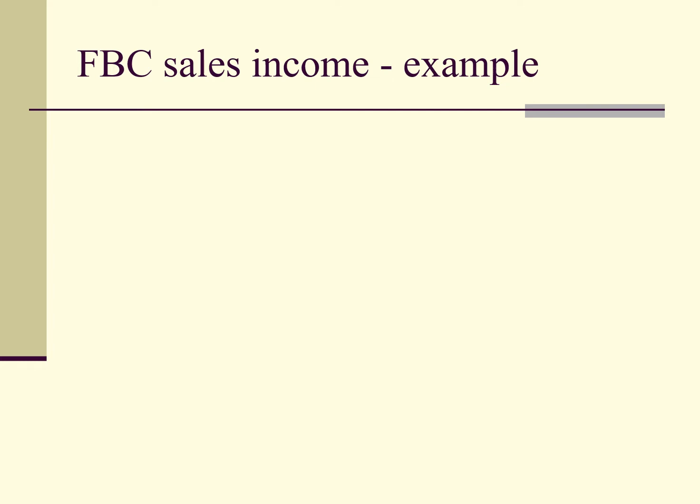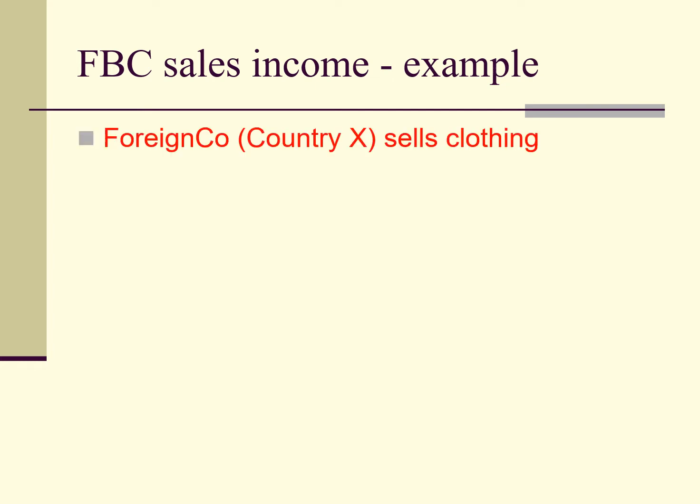Here is an example of FBC sales income. Foreign Co. is a country X corporation that earns revenues from the sale of clothing from its website. Foreign Co. is wholly owned by US Co., a US corporation.